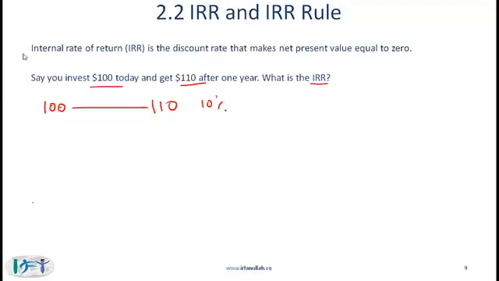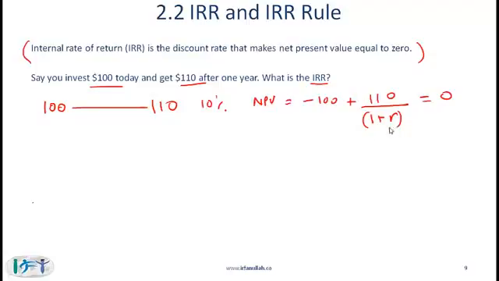But how do we make sense of this statement up here? What is the NPV of this particular project? The NPV is equal to your first cash flow, which is minus 100, plus 110 divided by 1 plus a certain discount rate, and the discount rate such that this NPV becomes equal to 0 is the IRR.